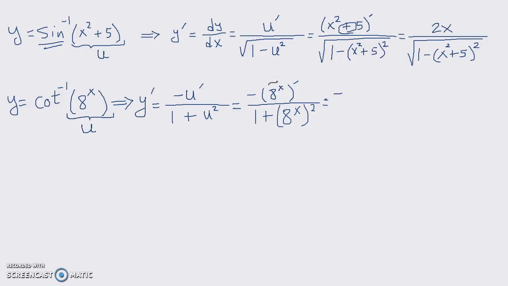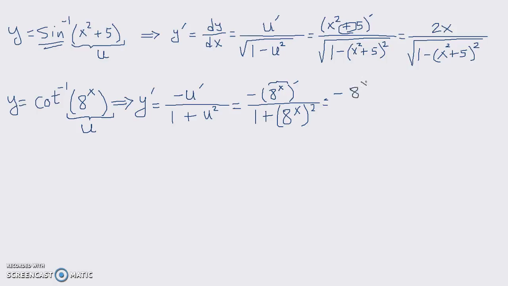Now, the question is, what type of function is 8 to the x? We see that this is an exponential function, and we know that the derivative of an exponential is write the same, multiplied by ln of the base, multiplied by the derivative of the exponent, but in this case, the exponent is just x, so it's not chain rule, it's just applying the exponential, very simple.